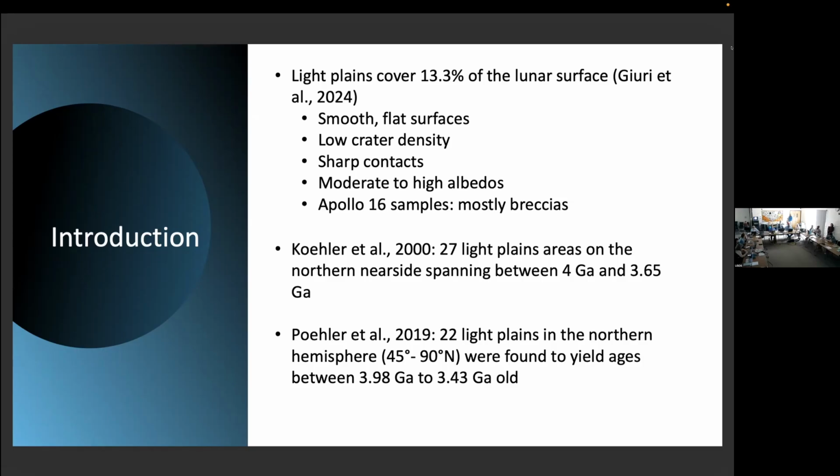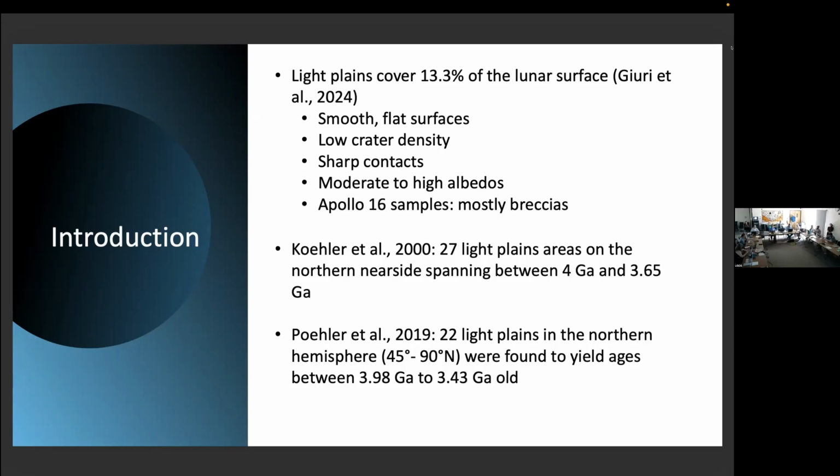Different groups hypothesized different origins for these, but it wasn't until Apollo 16 brought back samples that they were found mostly to be byproducts of impacts, or large impacts, let's just say.